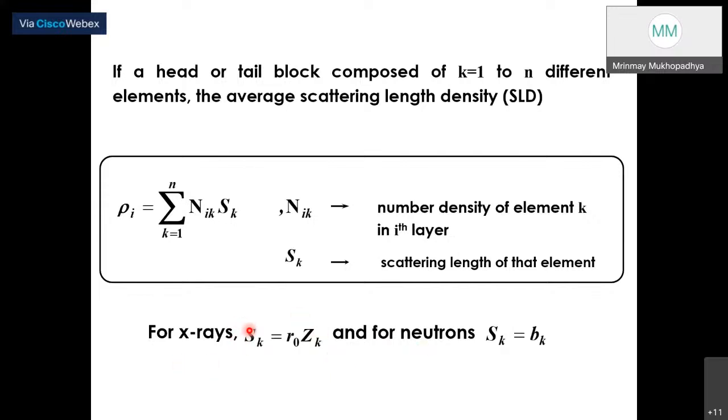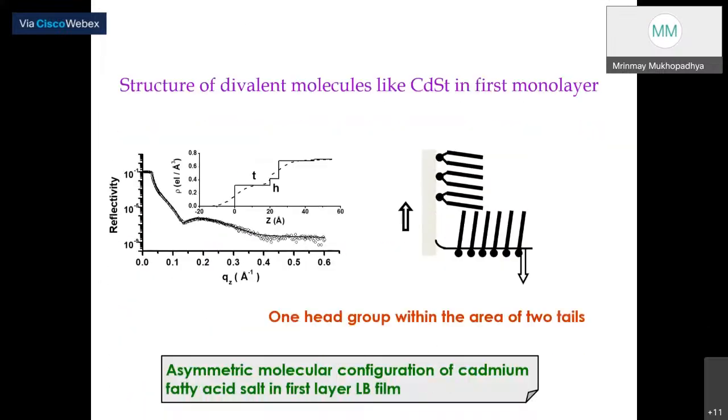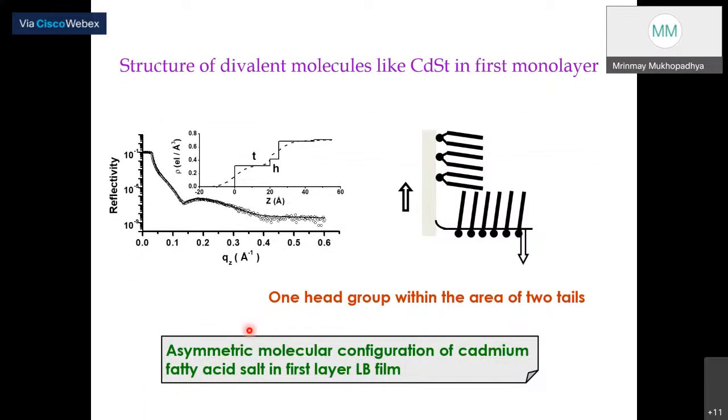So the material mass density remains the same; if you multiply it with the scattering length density for neutrons, you get neutron reflectivity, and if you multiply with the electron density of the material, you get the X-ray reflectivity. So we analyzed both X-ray and neutron reflectivity.